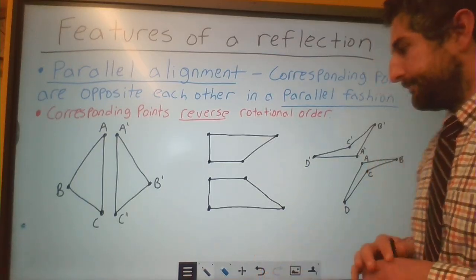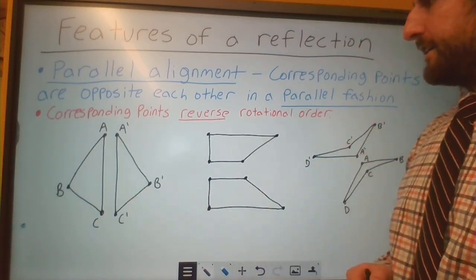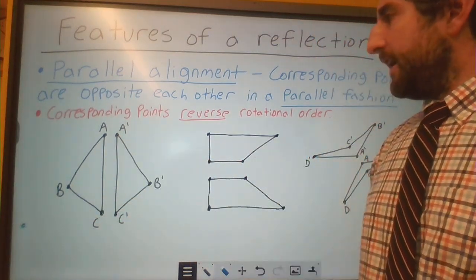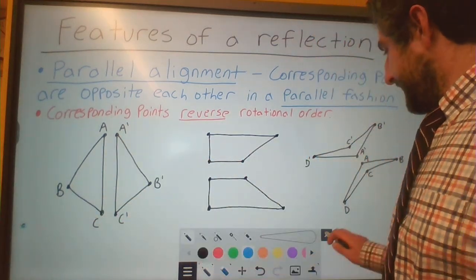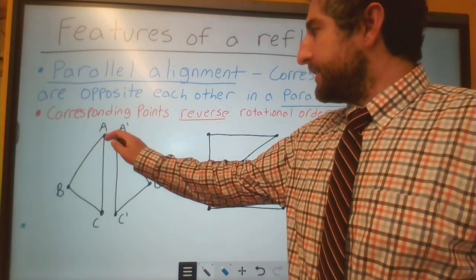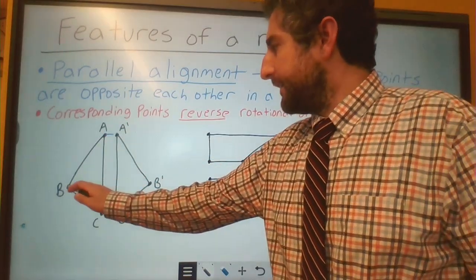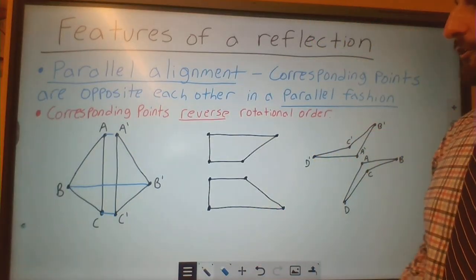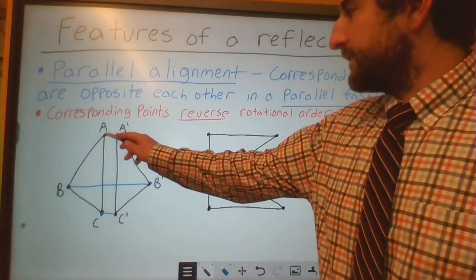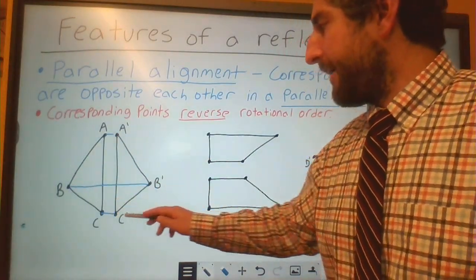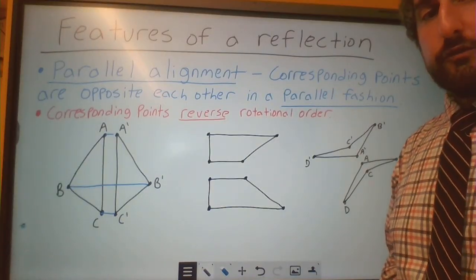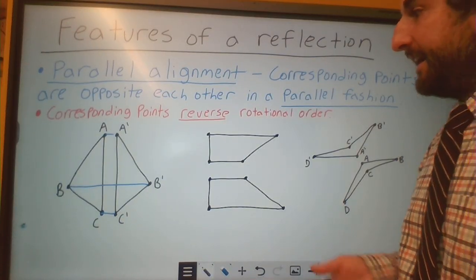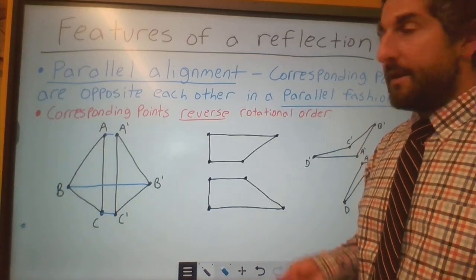Let me demonstrate. Let's take these two triangles here. I've already labeled A, B, and C on them. Let's draw imaginary lines between the corresponding points. And you can clearly see that these lines are going parallel to each other. They're all going straight horizontal from A to A prime, from B to B prime, and from C to C prime.